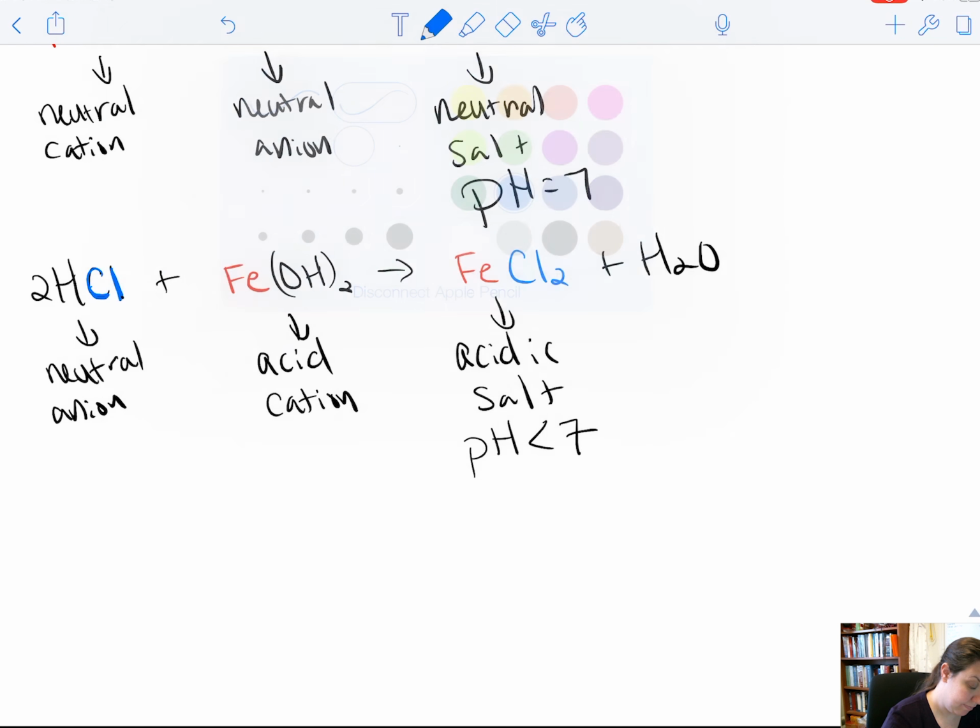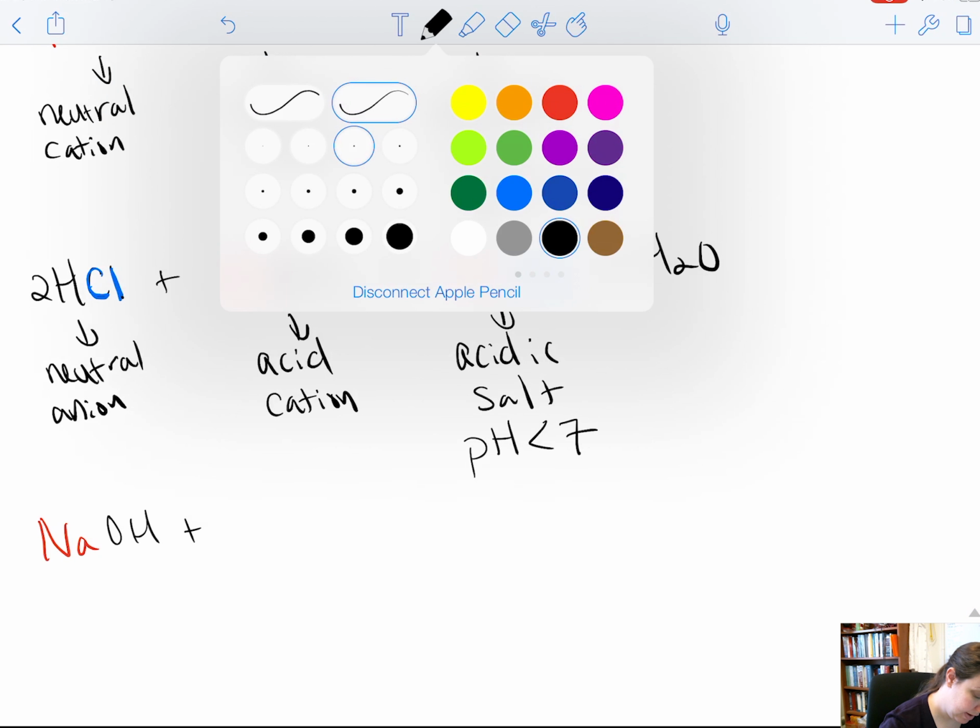Strong acid, or sorry, strong base, plus weak acid.